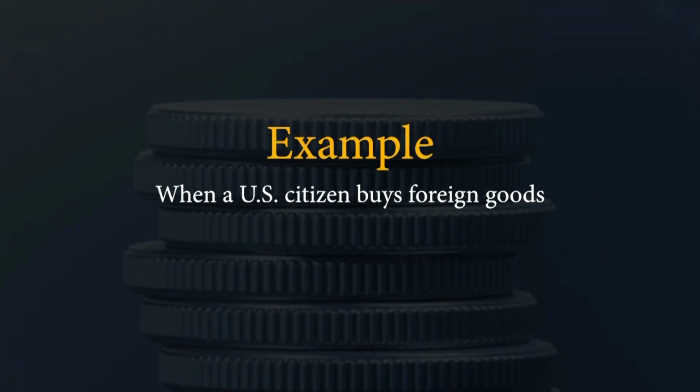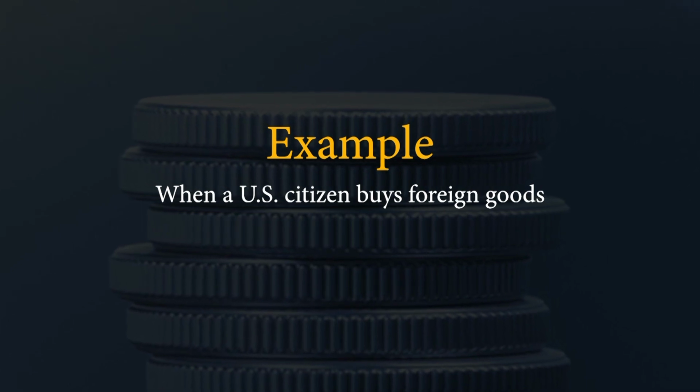Secondly, when a US citizen buys foreign goods, what happens? US imports rise. So in this example, when a US citizen buys foreign goods, US imports are on the rise. As a result, the US has to pay by giving foreign exchange, or dollars. So net exports fall because imports come up.